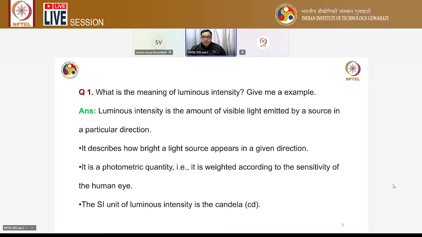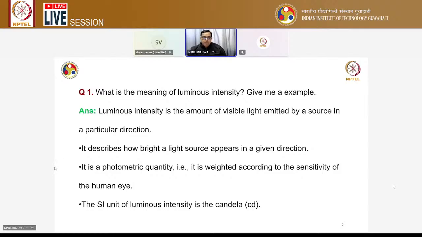This direction is very important here. When I say luminous intensity, it describes how bright a light source appears when you see it from a particular direction. It's a fundamental photometric quantity, meaning it is weighted according to the sensitivity of the human eye. And the SI unit of luminous intensity is candela, that we have also discussed in the course.